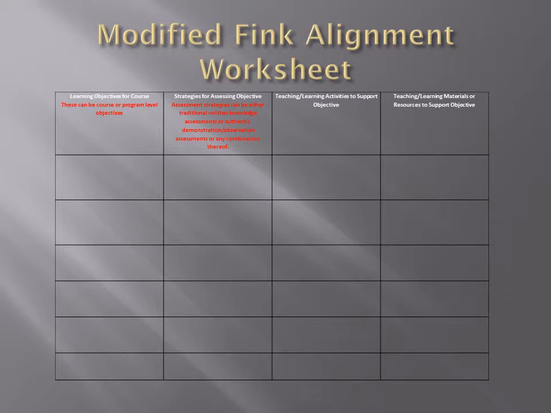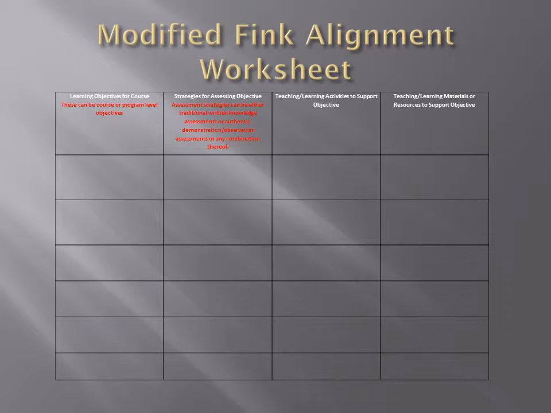Embedded here, you'll see a modified Fink alignment worksheet. I have this as a downloadable document in the Canvas classroom. It helps you make sure that your assessments, learning materials, and learning activities are all aligned with your course objectives.